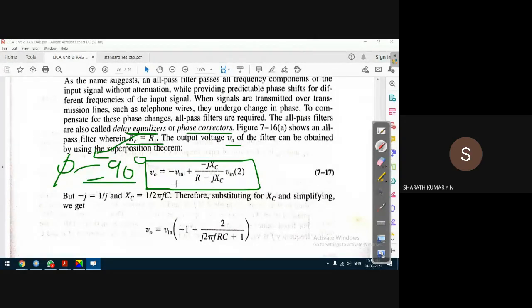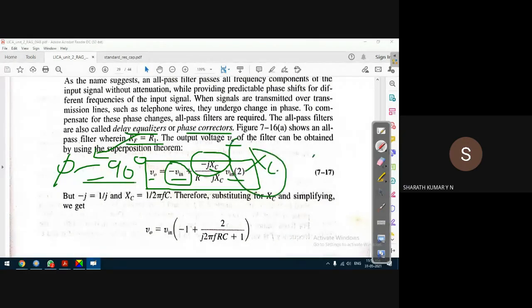That's the intention. So the output voltage is equal to minus Vin. Why minus Vin? Because a difference amplifier configuration is used, and the feedback is provided to the inverting input. Then minus jXC, that is because of the capacitor: (R minus jXC) divided by (R plus jXC) times Vin, the input voltage. The impedance of the capacitor depends on the frequency, because C is a fixed value.